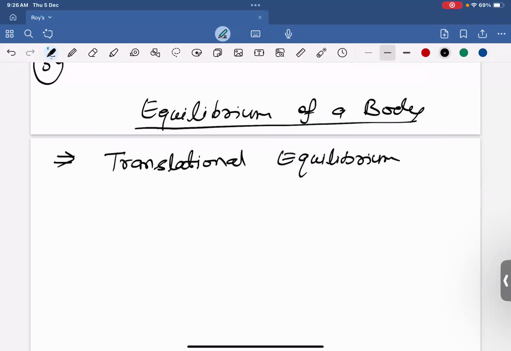For translational equilibrium, net force acting on the body should be zero.